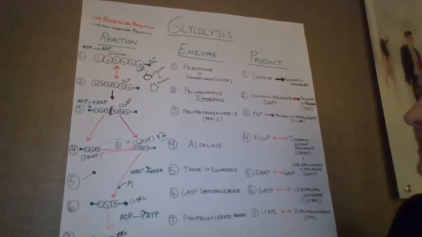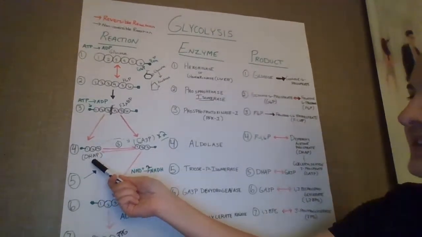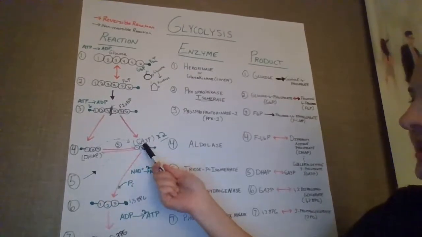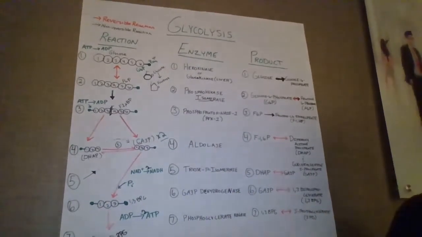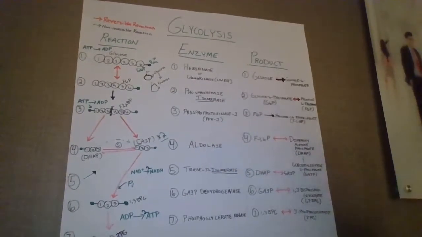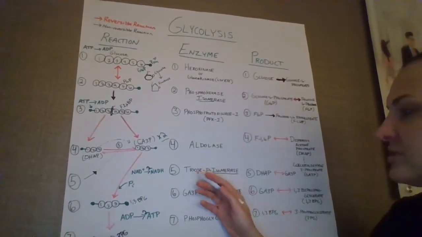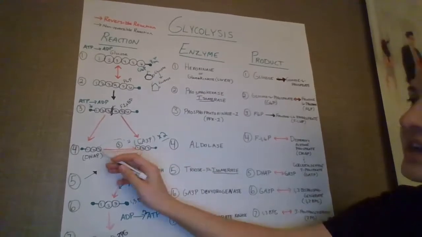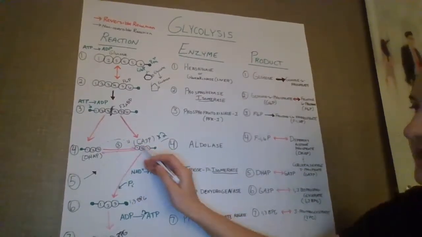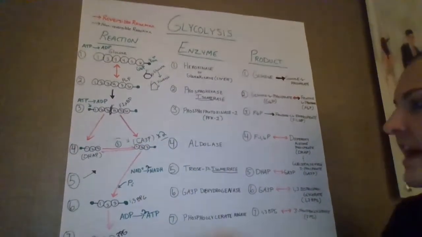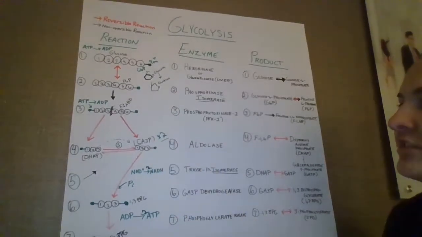Okay, again, this is an isomer of this one, and so it's going to convert it. And so, again, when we're dealing with an isomer, we're going to use an isomerase. Okay, so in this case, we're going to use the triose P isomerase to have this forward reaction occur. Okay, and that'll give us 2 GA3P.